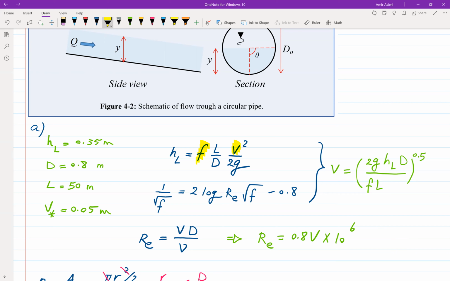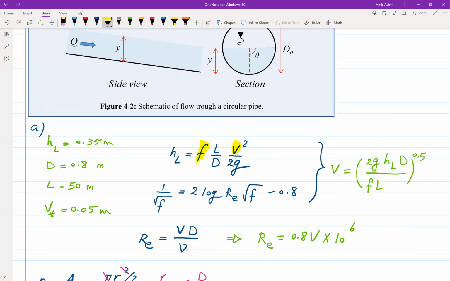When the Reynolds number is larger than 10 to the power of 5, we have the Karman-Prandtl equation, which is 1 over square root of friction factor equal to 2 times log of Reynolds number times square root of friction factor, minus 0.8.